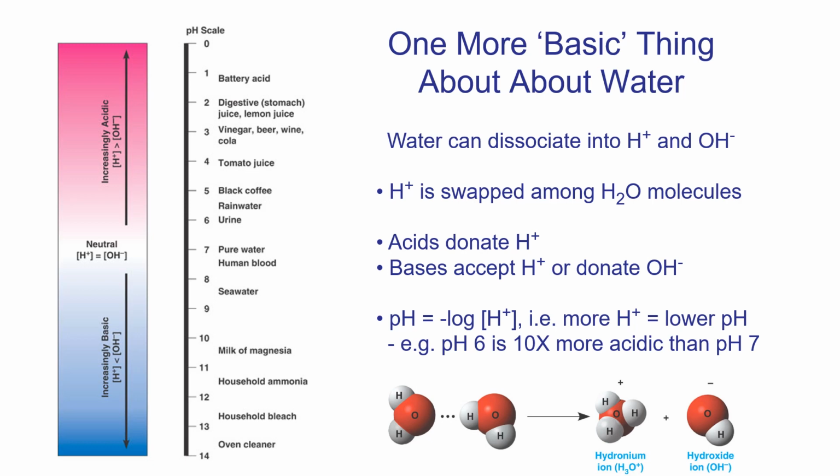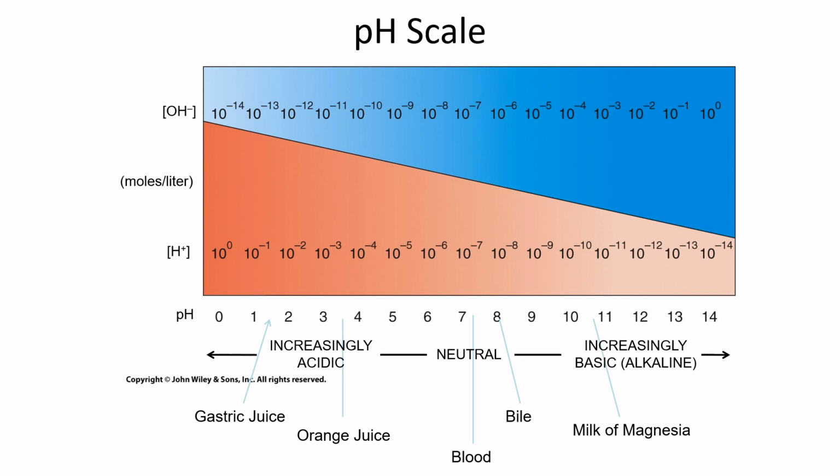So again, a pH of 6 is 10 times more acidic, or there's 10 times the concentration of hydrogen protons compared to a pH of 7. Here's the pH scale just represented a little bit differently. We've got the concentration of hydroxyl at the top there, the concentration of hydrogen down the bottom. And basically, as something becomes more acidic, there's more hydrogen protons.